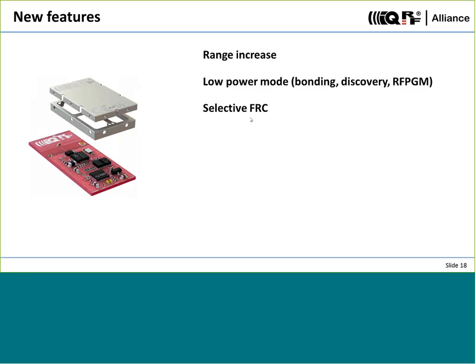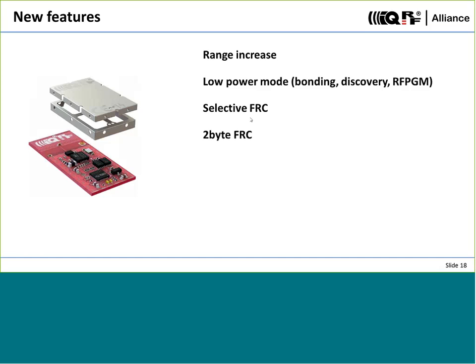But now, with the Selective FRC, you can choose from which modules you want to collect the data. So basically, you can say, I want data from node number 5, 13, 220, 221, and so on. You can select up to 60 nodes that you can collect the data from.